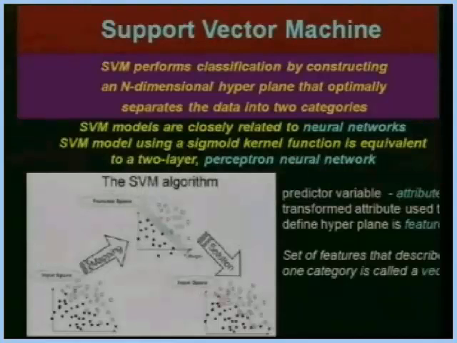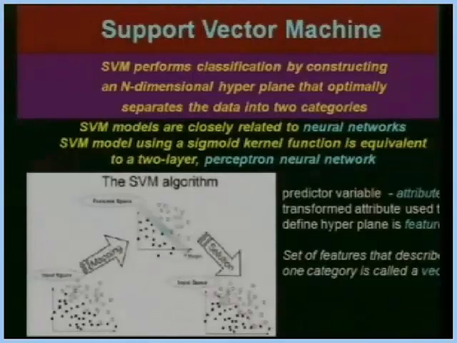The other most widely used thing, as I just mentioned, is support vector machines. In fact, it is ironic that we have very high dimensional data, and the support vector machine performs classification by constructing an n-dimensional hyperplane that optimally separates the data into two categories. That is already hyperspectral data, and you are further projecting it into higher dimensions.